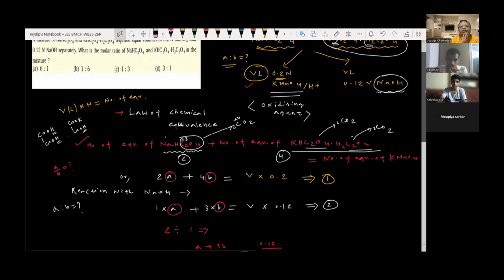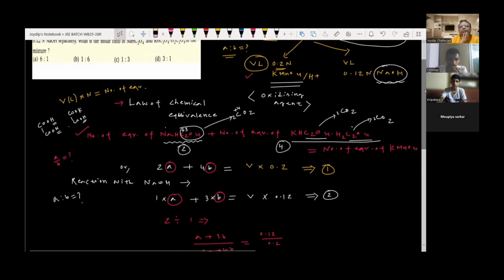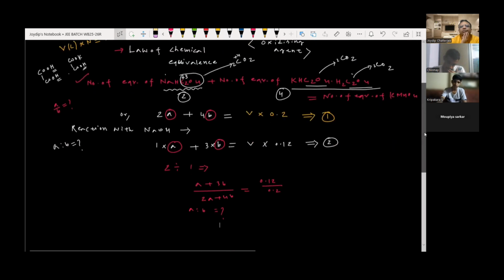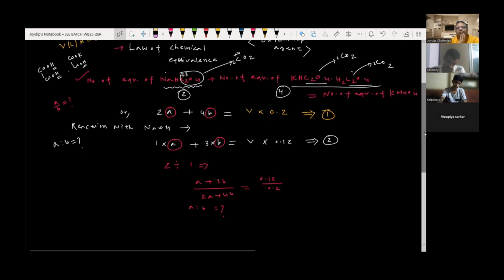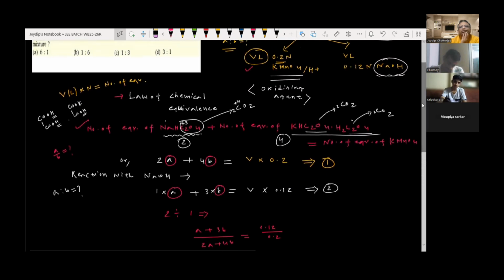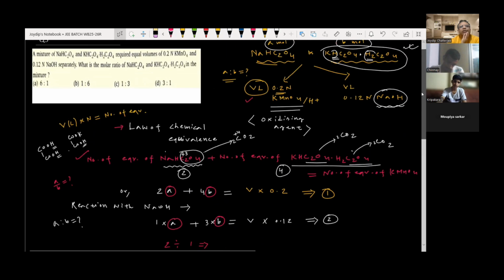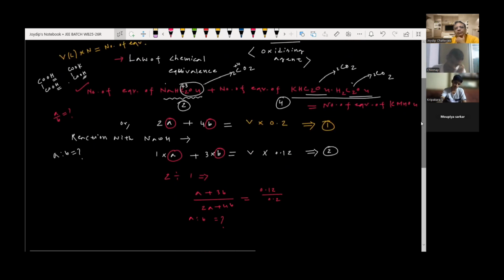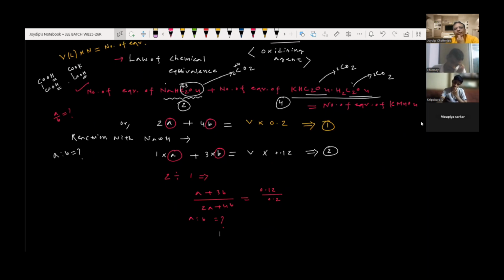You see the options. Calculate. You can solve it very easily. Nothing in it.